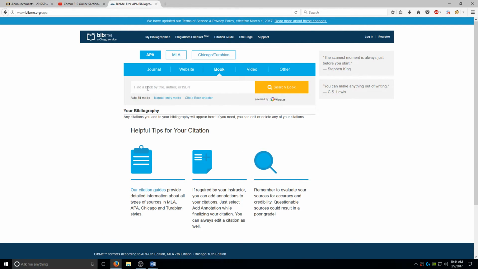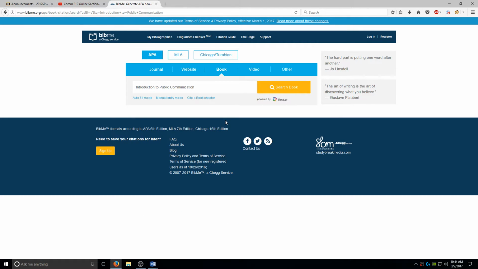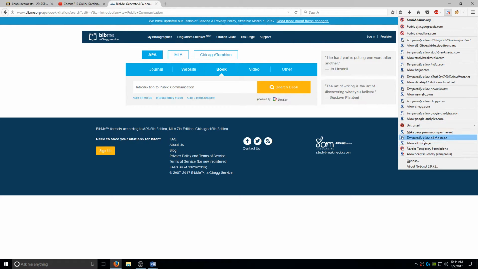Now it has a couple of cool features. It says autofill mode. So for example, I could try to look up our textbook here, Introduction to Public Communication. I'm just curious if they have it. I haven't done this search before. It doesn't seem like they do. Something may be blocking my search here.